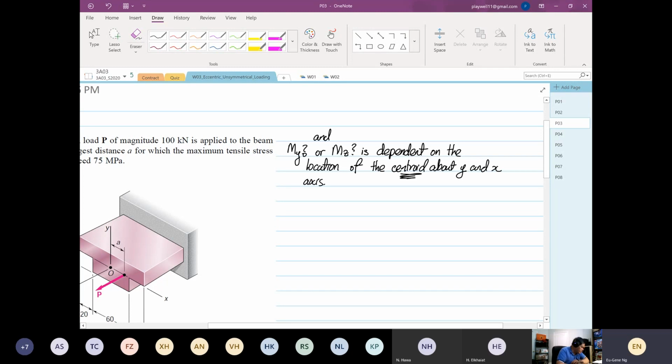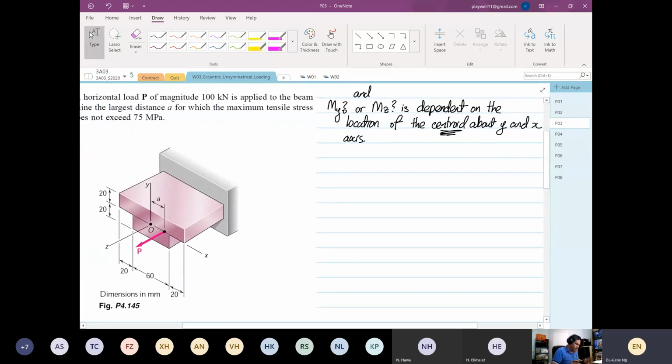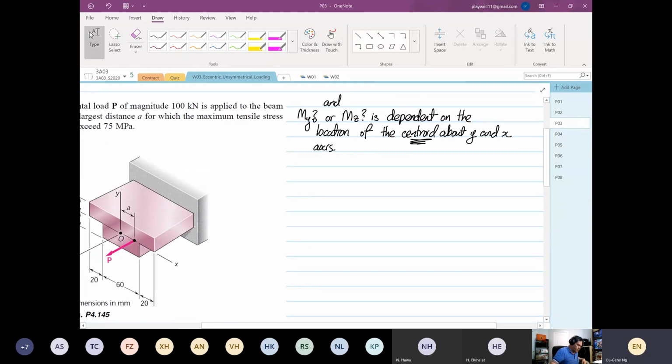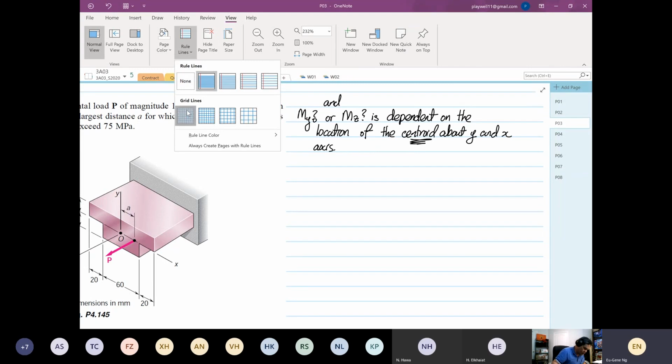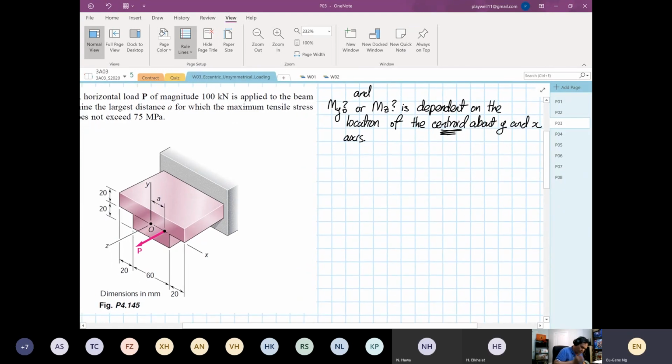Okay, so we have to be really cautious about it, and I'm glad you guys are seeing it. For this question, I'm just going to quickly identify the position of the centroid. We're going to follow the transformation that we see over there.